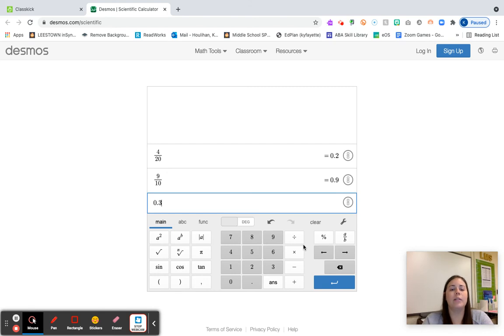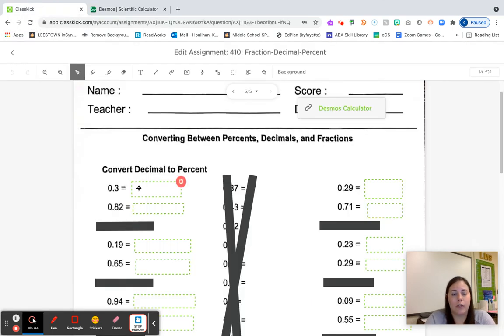So to find what 0.3 is, we are going to multiply it by 100. And that is going to give us our percent. This would be 30%. So over here, you're going to type in 30, and you need the percent sign. So 30%. Okay?